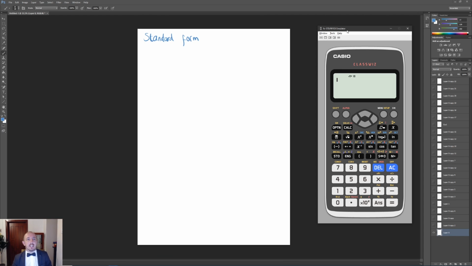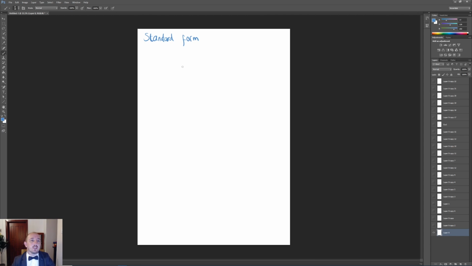So, standard form then. What we can do with standard form is to try to make sure that we are able to convert between normal numbers and standard form. So if we have something like 84,000 and it asks us to put it into standard form, then our initial number needs to be between 1 and 10, and then it's going to be times 10 to the power of something.